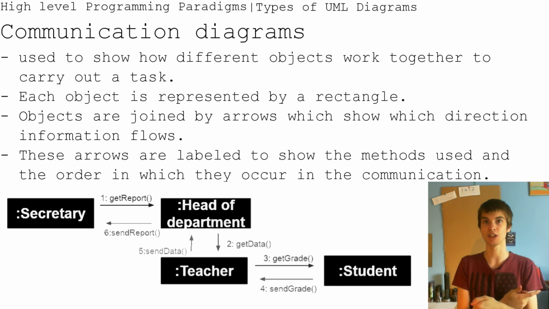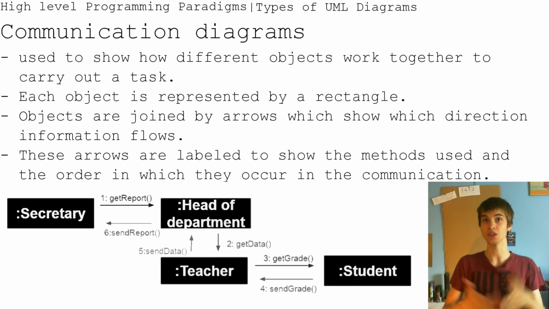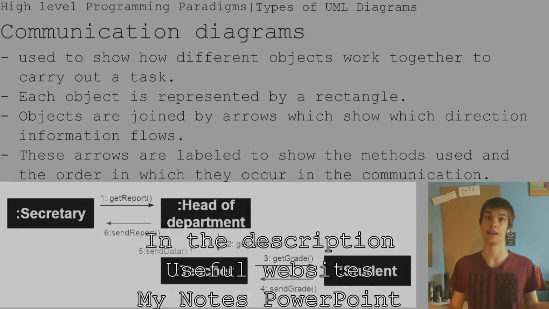The student sends the grades to the teacher, the teacher sends the data to the head of department, then the head of department sends the report to the secretary. As you notice, there are numbers, which show the order in which they're done. So it's pretty much just going around in a circle. It's how things communicate with each other and then work together.